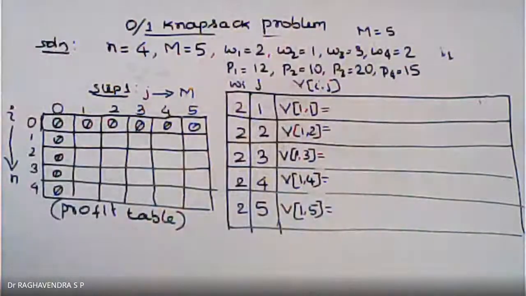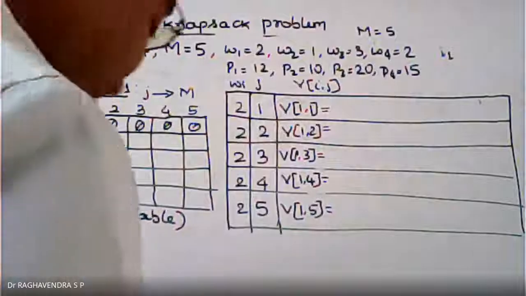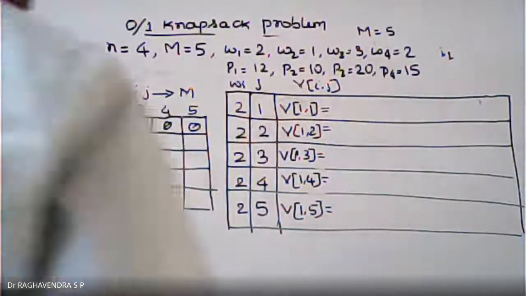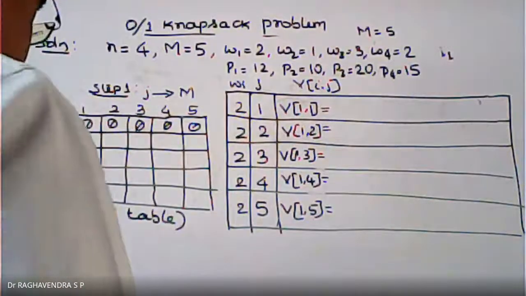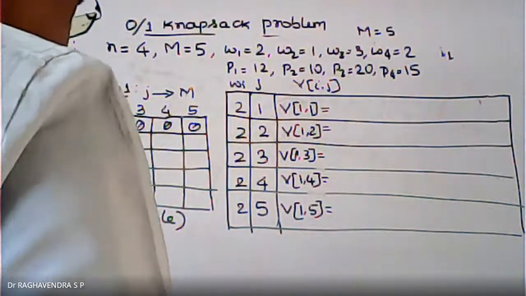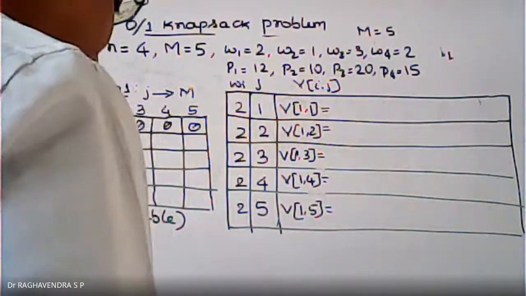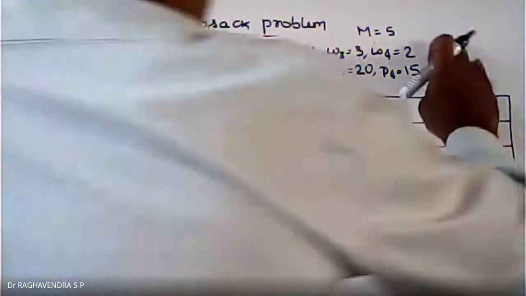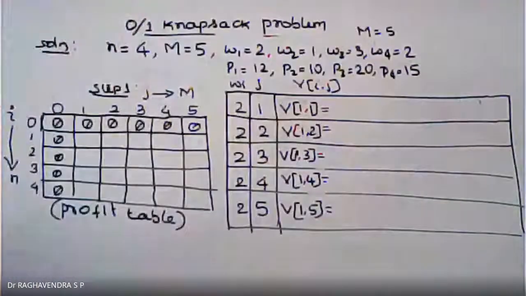Now use equation 1 and the inequality by which we are going to find the profit. Notice, I am going to substitute the values now, V of 1 comma 1. Remember the conditions.